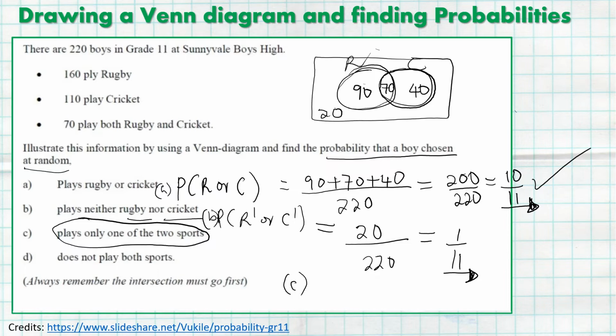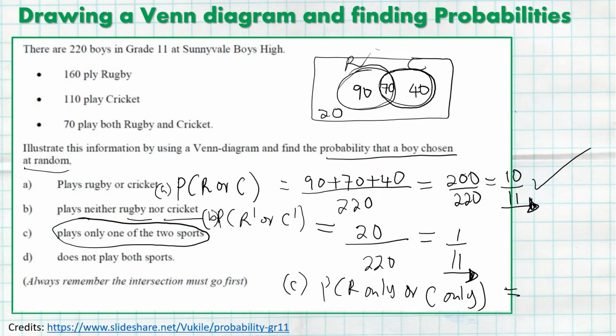On your only, you have 90 boys who play only rugby, right? And you have another 40 boys who play only cricket. So this probability will take the ones for those only. So for rugby only, or cricket only. Because they said only one of the two sports, right?